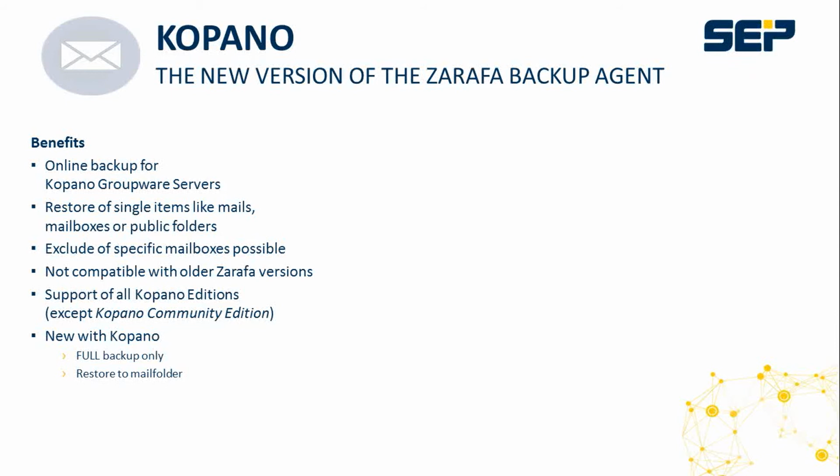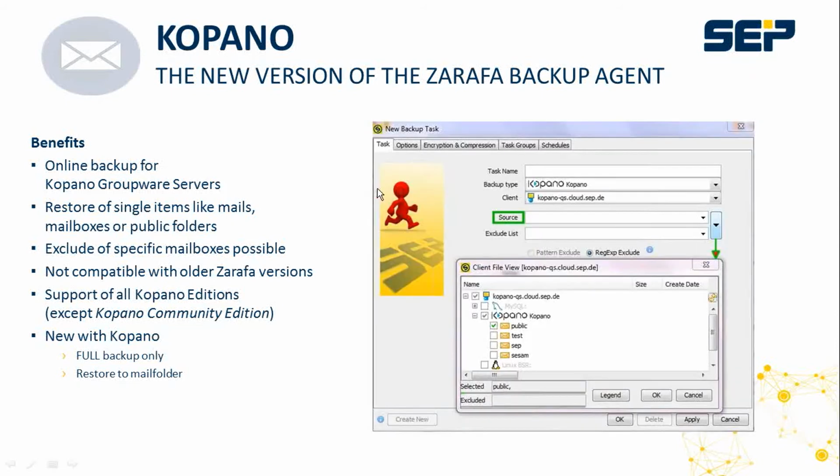So incremental backup is not possible with the Kopano agent. However, we are in close contact with Kopano and they are working on it. So as soon as the incremental functionality is available in the API, we will also make it available in our agent. And there's a new backup type for Kopano integrated in our software when you create the backup tasks.